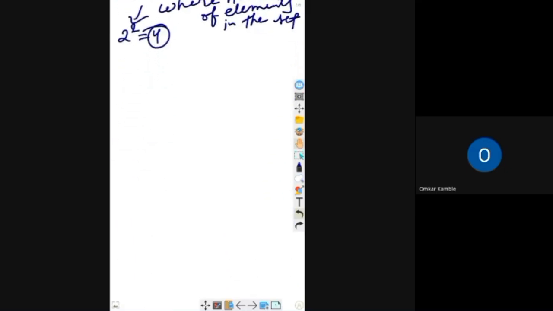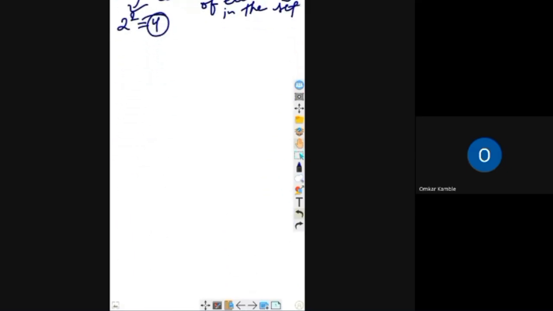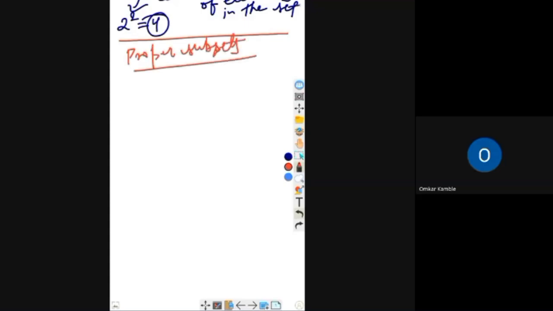So now we move towards the proper subset. Today we will cover a question on proper subsets also. So what is a proper subset? In proper subsets, we eliminate the set itself.